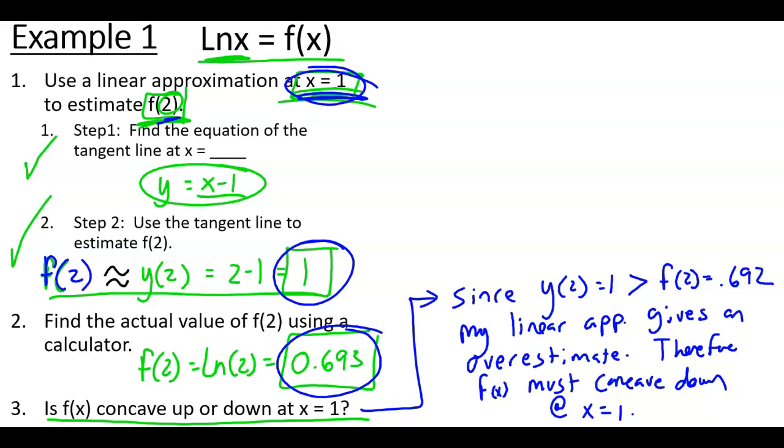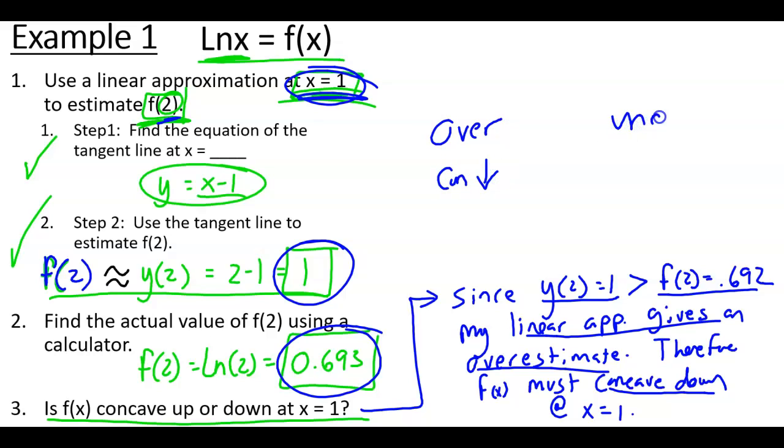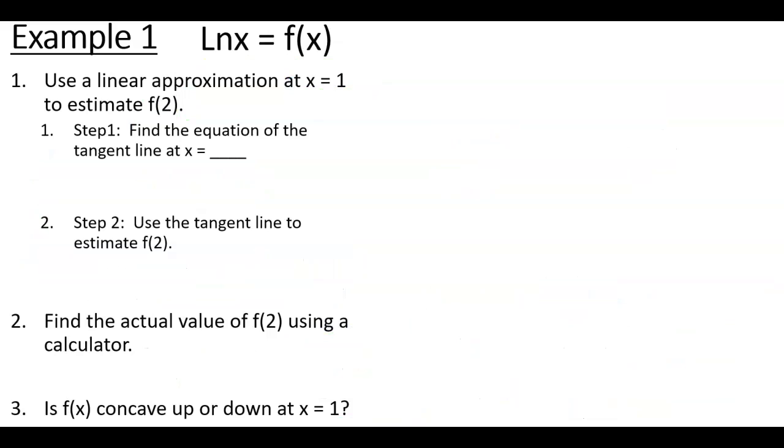So since my estimate was greater than the actual value, my linear approximation is an overestimate, which means that it must be concave down. So just know that if you have an overestimate, it's concave down. And if you have an underestimate, then it would be concave up. Okay? So there it is.